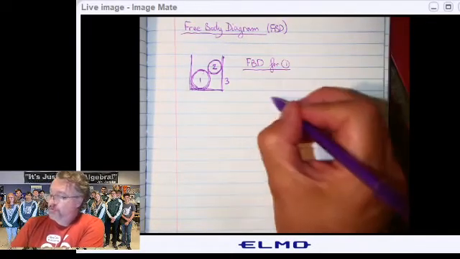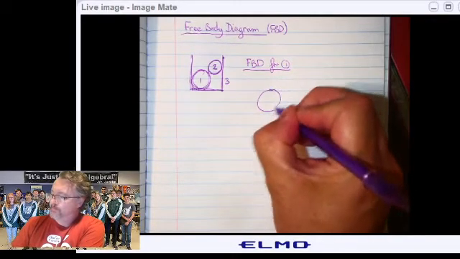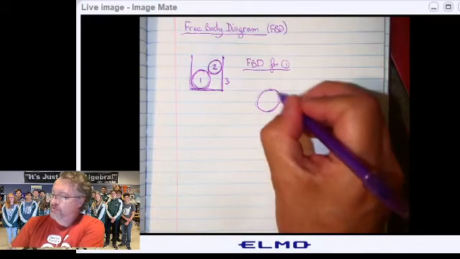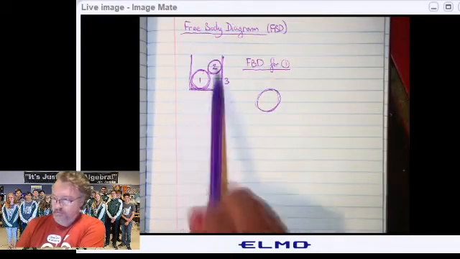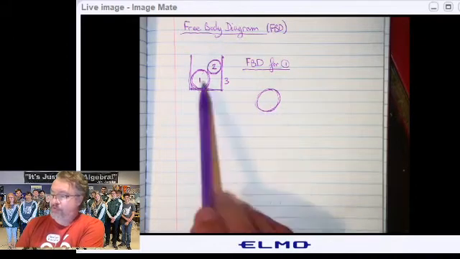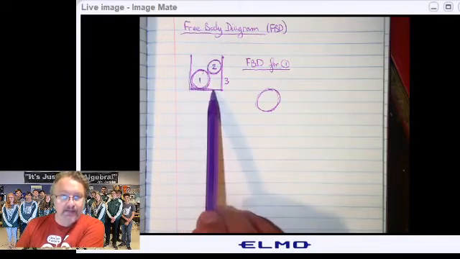So basically what I'm going to do is I'm going to think of it as this part right here. I'm going to take it outside of this box, but for this not to move right here, it is after all in static equilibrium.